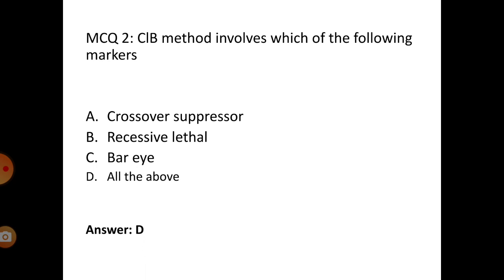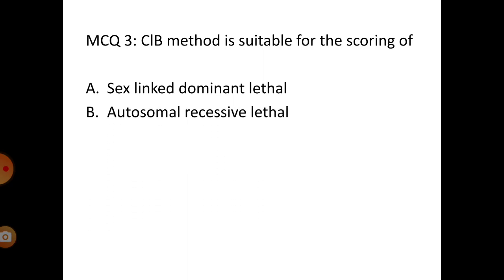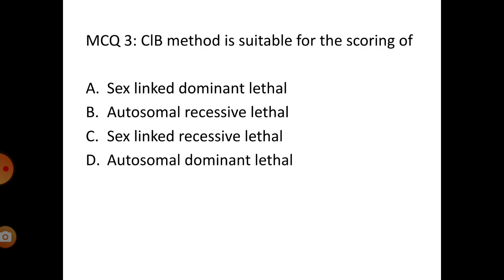The answer is D. Assessment question 3. The CIB method is suitable for scoring of sex-linked dominant lethal, autosomal recessive lethal, sex-linked recessive lethal, or autosomal dominant lethal. The answer is C, that is sex-linked recessive lethal.